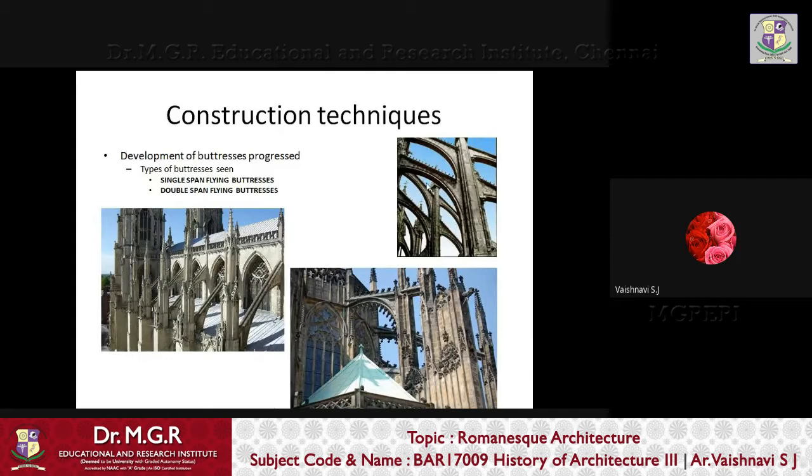And on this side, when you see this picture, you can see a double span flying buttress, where you can find the columns. Two columns are placed, and they support each structure here. So this will be the main structure on the left hand side, and here you have one column, and the other column will be located on the exterior. So that is for a double span flying buttress.